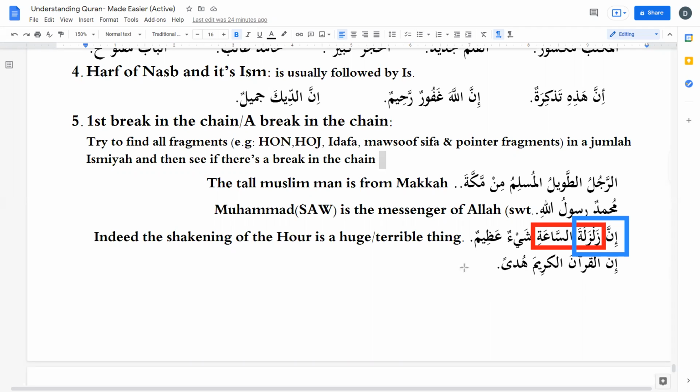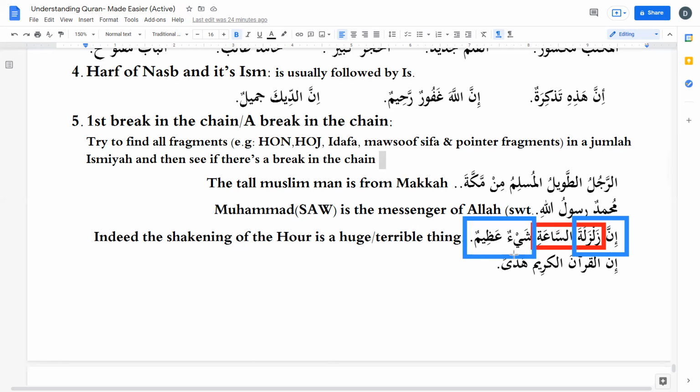Okay, let me give you one hint. Try to match 4 properties. Yeah, which fragment? Which combination? Yes, Mawsuf Sifa, mashallah. So Shay'un Azimun is Mawsuf Sifa and they are chained together. And which bucket or which component do they belong to in Jumlah Ismiyah? Shay'un Azimun.